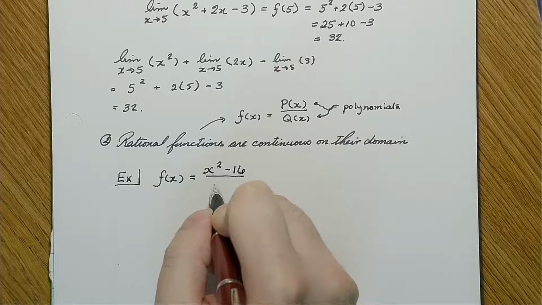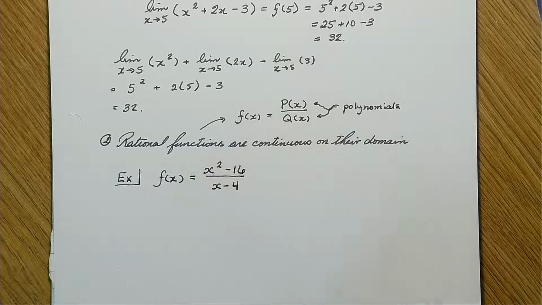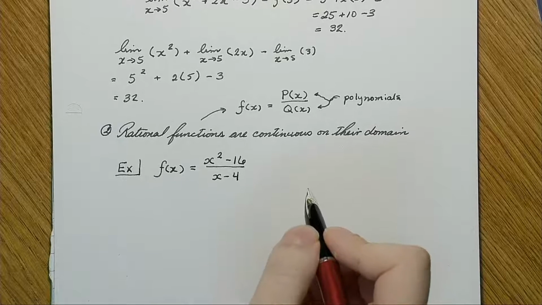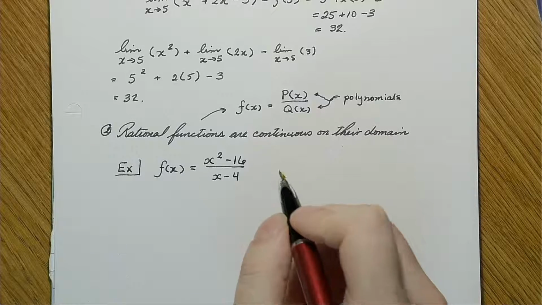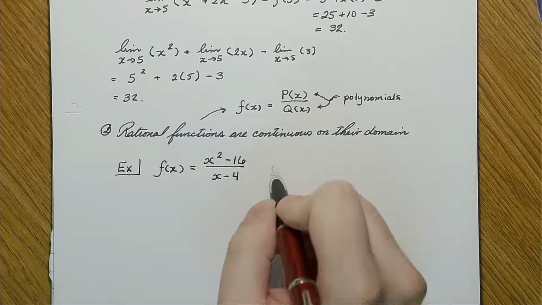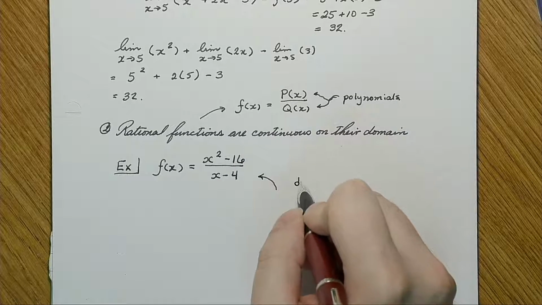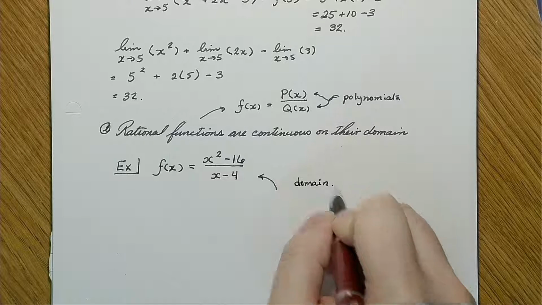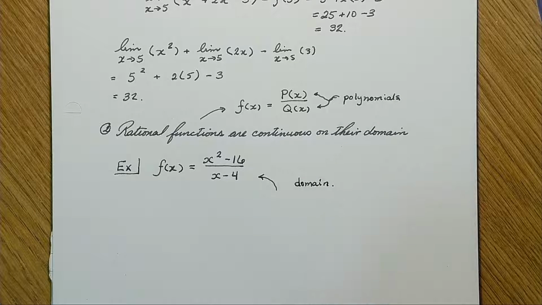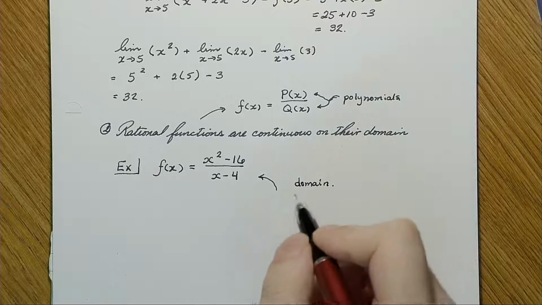And these are called rational functions. So we'll have a function like this. And what this says is, first of all, one of the questions would be, what is the domain? That's a question that could be easily asked. What's the domain of this?